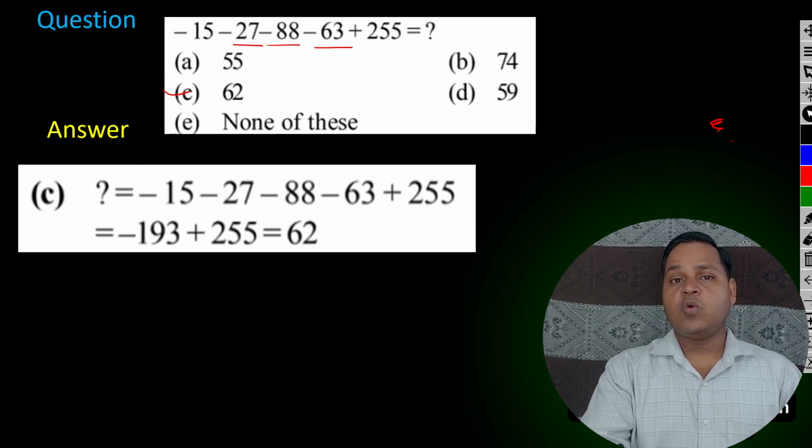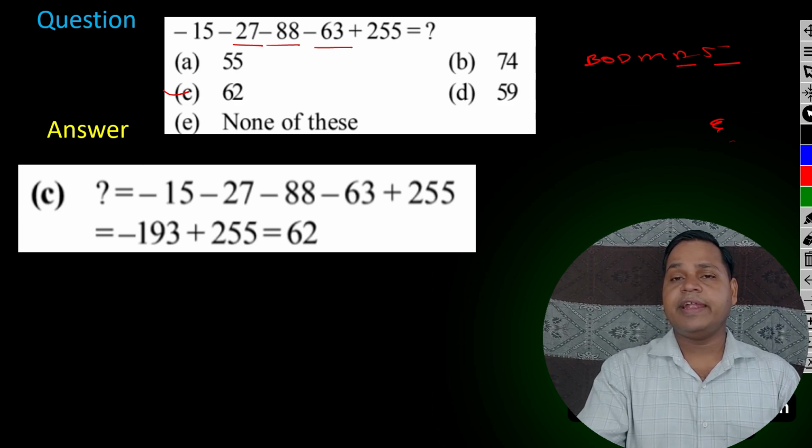Here we see only two types of operation: minus and plus. That means only subtraction and addition come. According to the BODMAS rule, which has seven types of operation, addition and subtraction come last. First we do addition, and last we do subtraction. Here we see the addition terms.